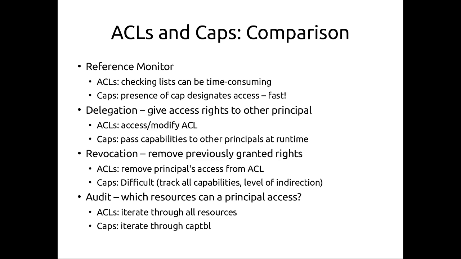For capabilities, it's simply iterating through a capability table, right? So for revocation, for capabilities, you might need to iterate through all of the capability tables. For auditing, you might need to iterate through all of the resources for ACLs. So you can see there's this weird mirroring here: revocation is a little bit harder in capability tables, auditing is harder in ACLs.